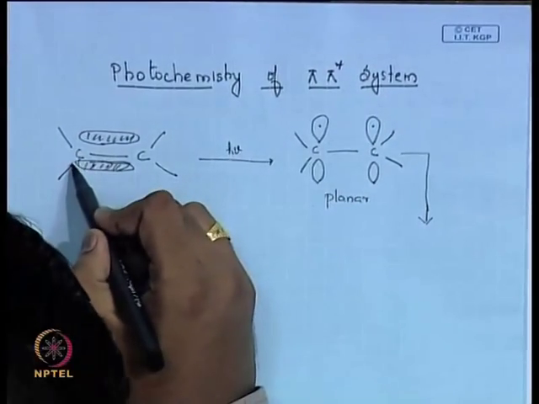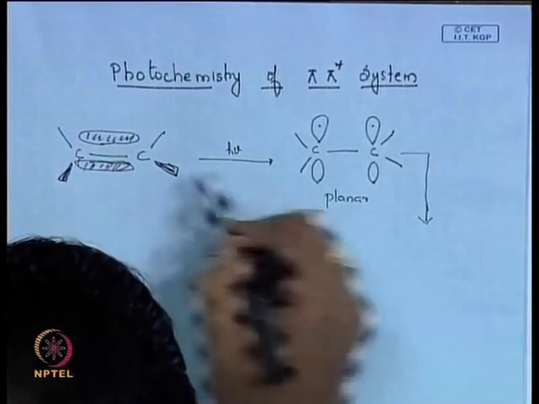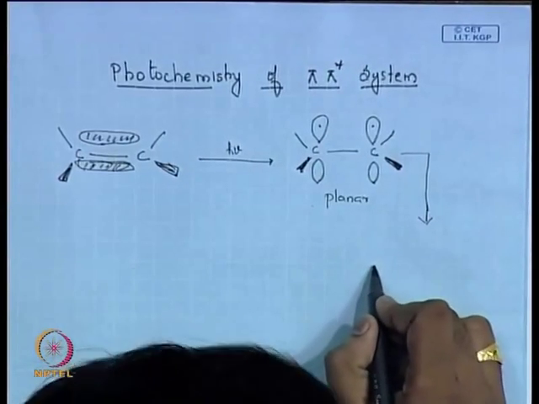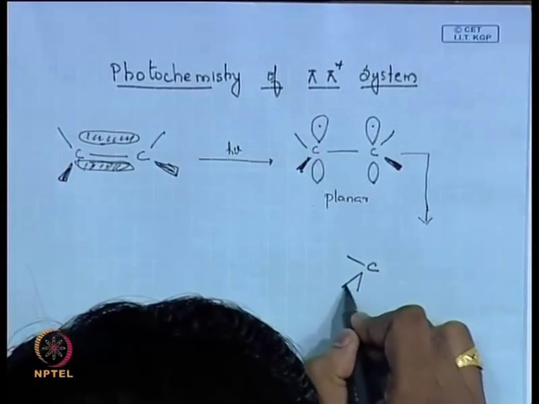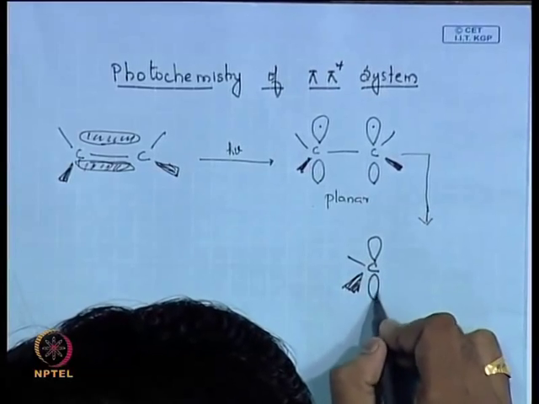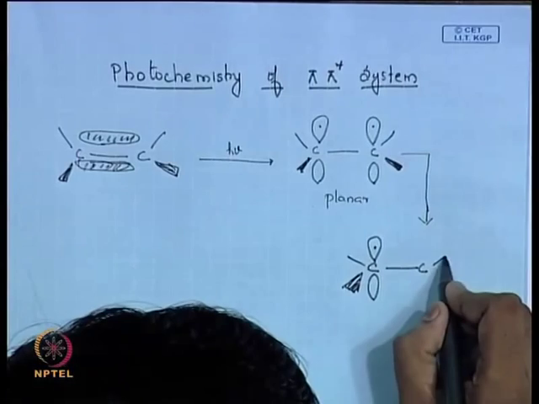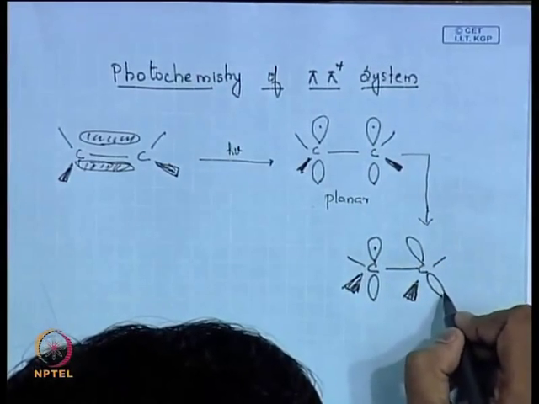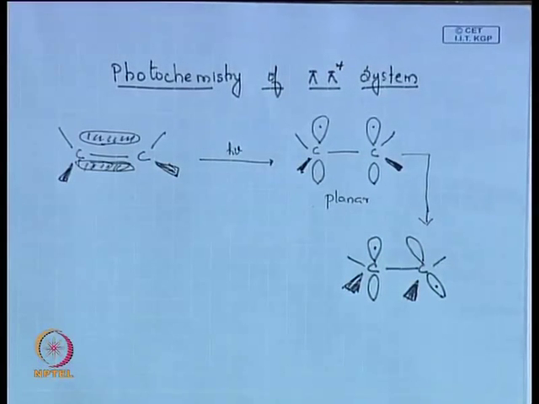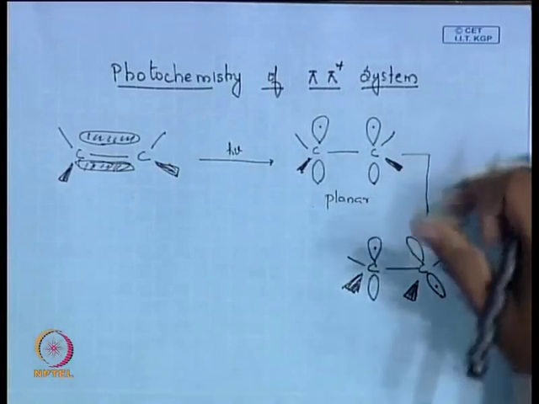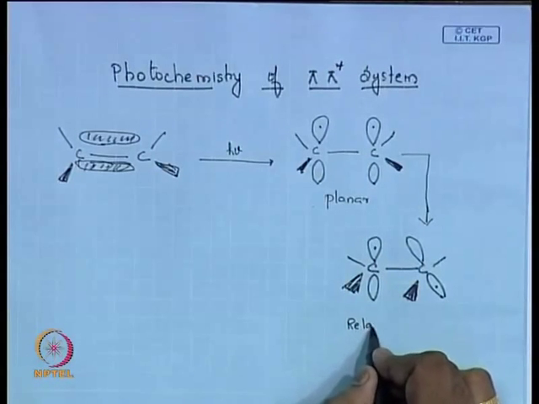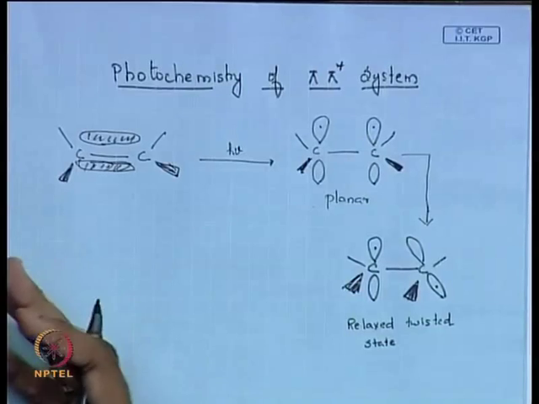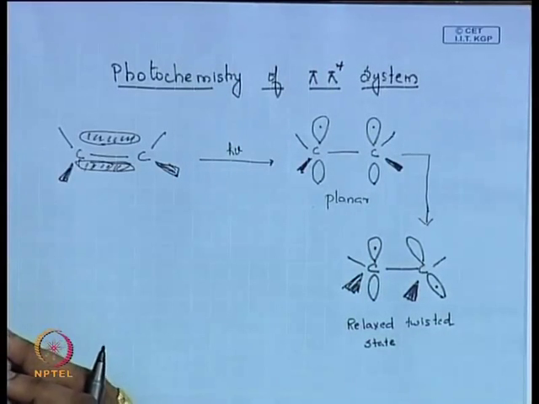For example, if I make this part a little bit, it gets a nice 90° twist in the excited state, and you call this a relaxed twisted state. Since it is a twist, it should not be allowed, but it is like comfortable there doing this twist. Why, I will explain to you.